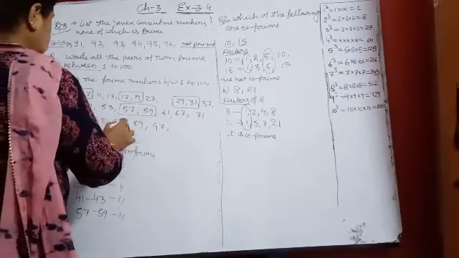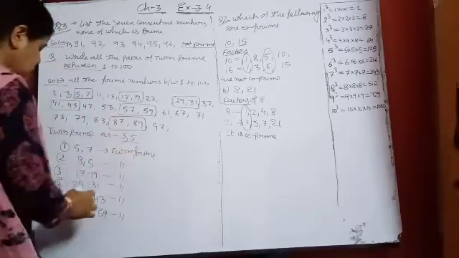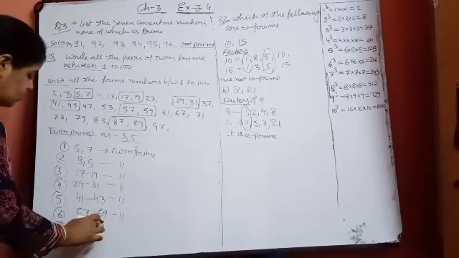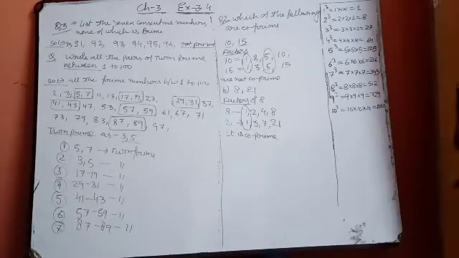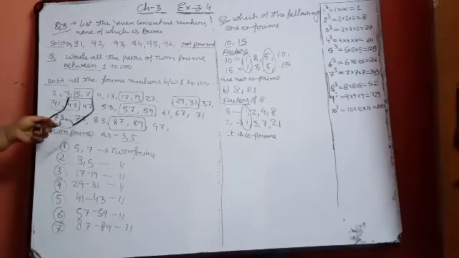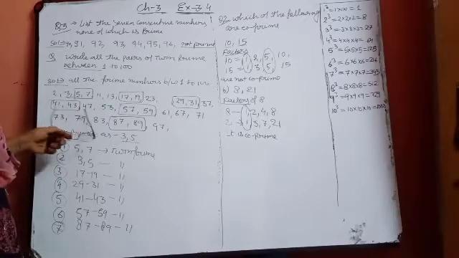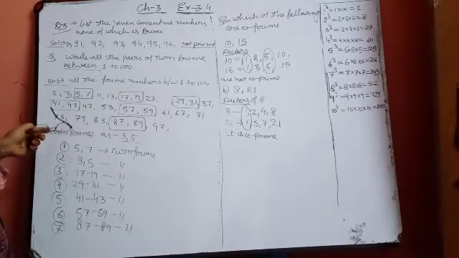And 87 and 89. 87 and 89 are also twin primes. So in this way you can see that this many are the pairs of twin prime numbers. It is better that you first write all the prime numbers, and it will be easy for you to select the twin prime numbers.